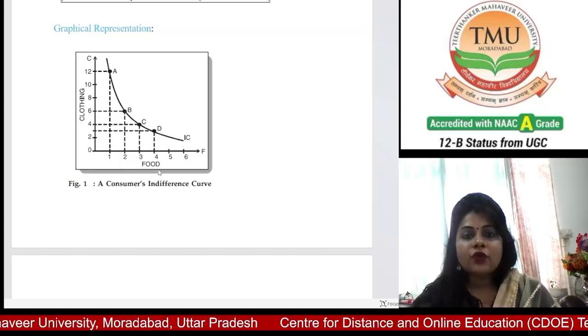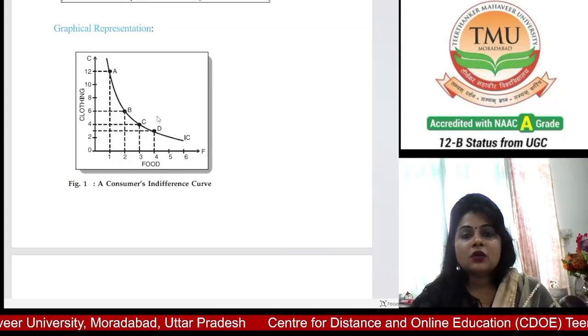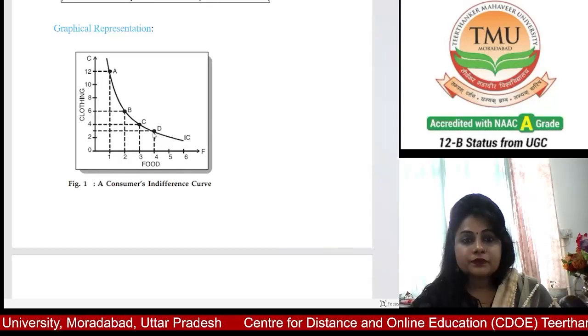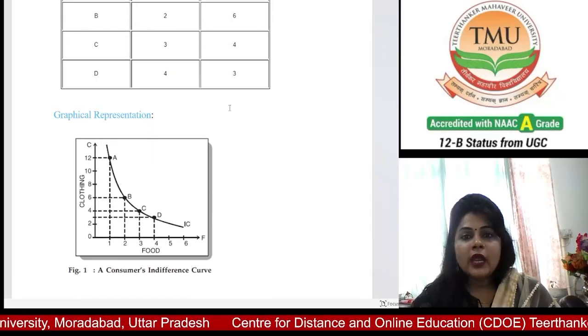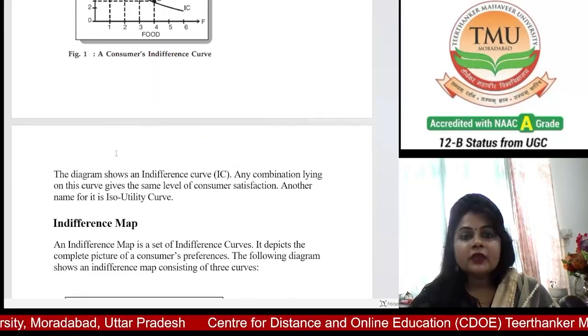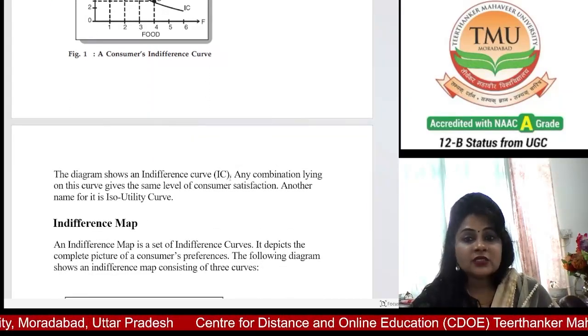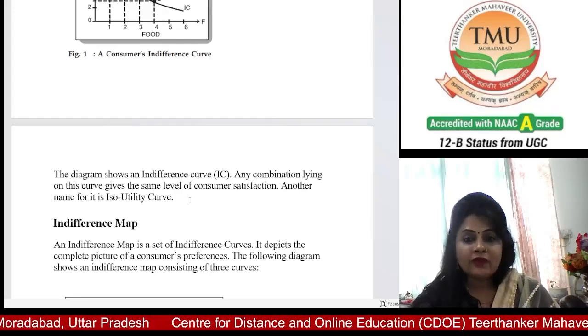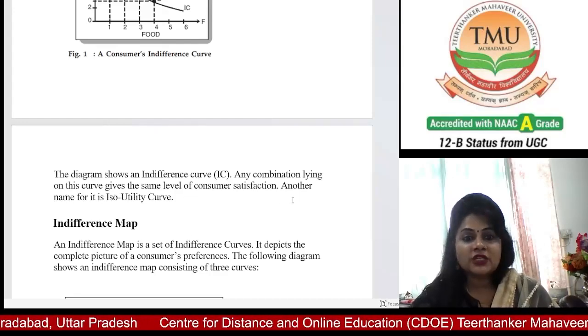And the fourth combination D, you can see 4 food and 3 clothing in this diagram. This diagram shows an indifference curve. Any combination that lies on this curve gives the same level of consumer satisfaction.